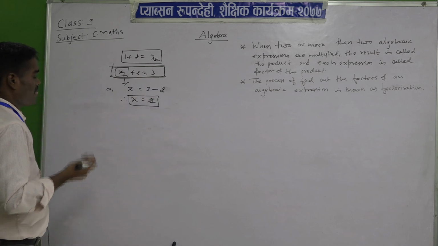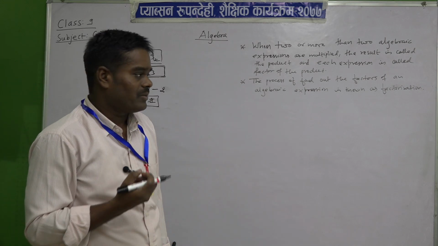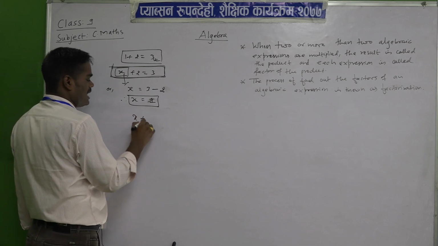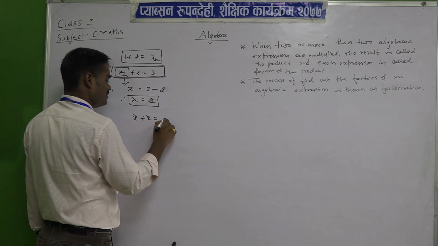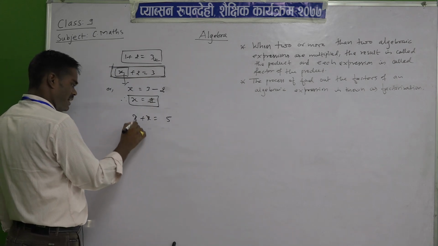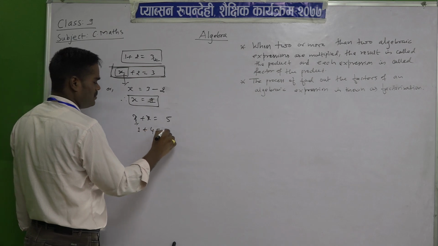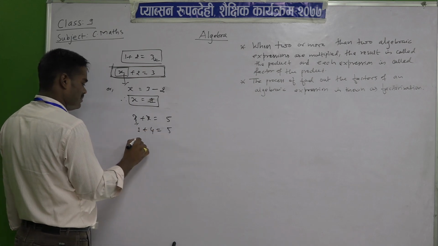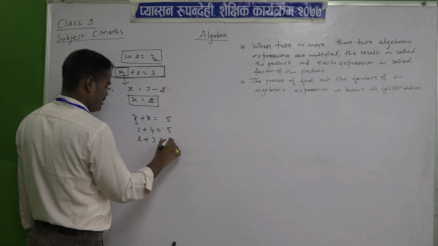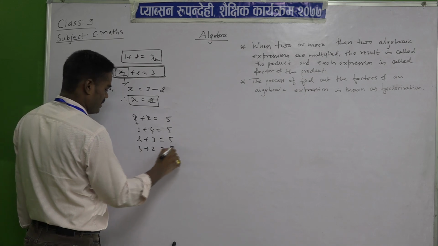And suppose, let us know about the variable. What is a variable? Suppose here x plus x equals 5. For the first x, the value could be 1, then the other x is 4, giving 5. If this is 2, then this will be 3, which means 5. If this is 3, then 2, 5.